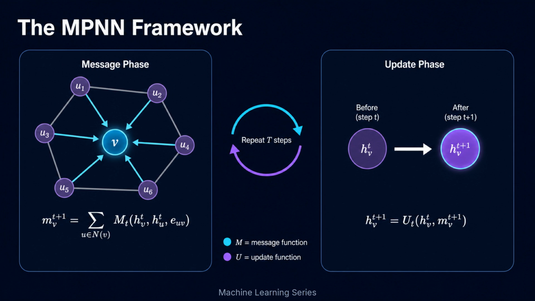In the update phase, each node updates its hidden state using an update function, U, that combines its current state with the aggregated messages. This simple abstraction is surprisingly powerful. By choosing different message and update functions, we recover GCN, GraphSage, and many other architectures. The key insight is that graph learning is fundamentally about nodes exchanging and integrating information.